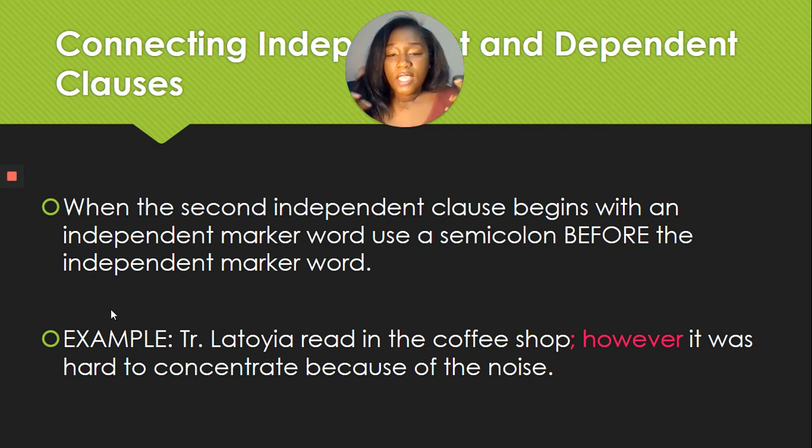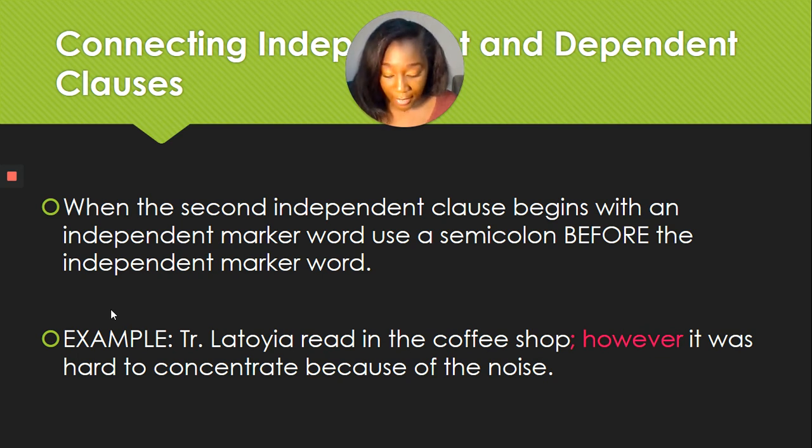So if you have a second independent clause that begins with an independent marker word, you can use a semicolon before the independent marker word. I know that sounds really confusing, so I'll say it again.